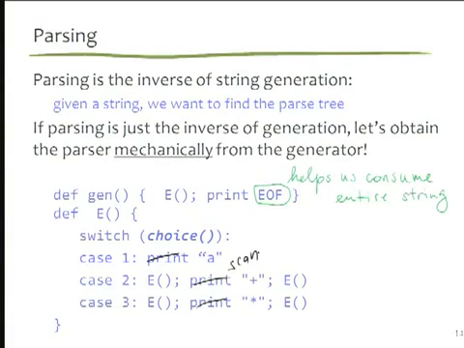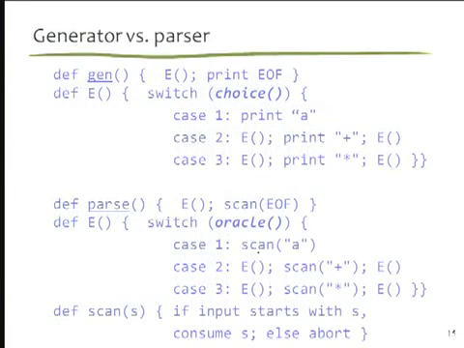The choice is clairvoyant. It predicts what other choices you have to make in the future when you ask for the next choice. So exactly, we are just going to consult an oracle here. So here is the printer, the generator, and here is the parser. And here is also the scan.